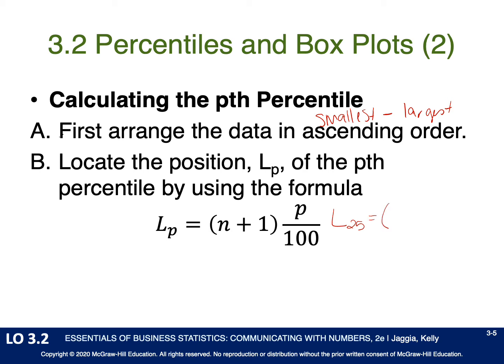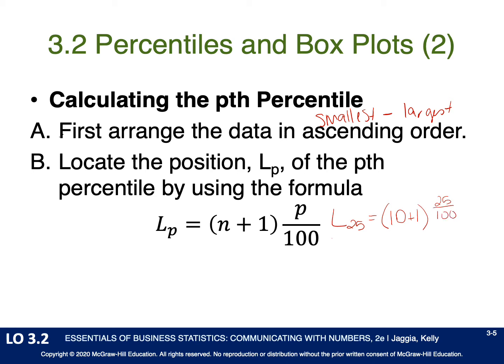And if we're using the growth data that we had before, and hopefully you've got your book open that has that data in the front, or you've got your spreadsheet or worksheet open that has that data. Remember, there were 10 observations. The sample size was 10, so 10 plus 1. And then this is multiplied by 25 over 100, right?